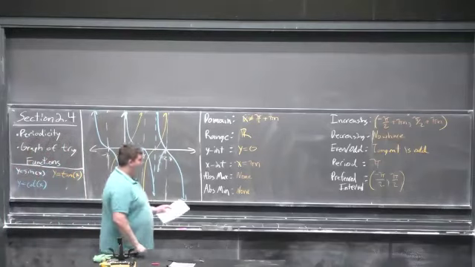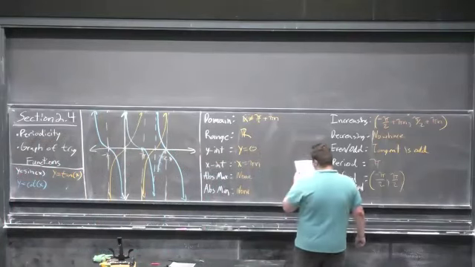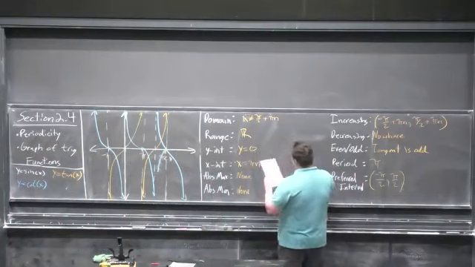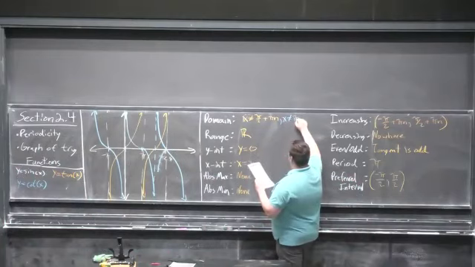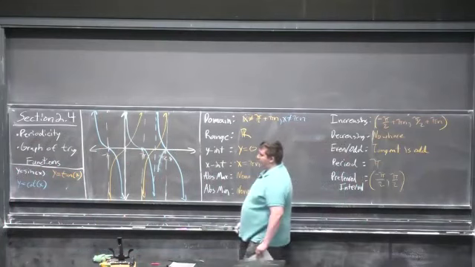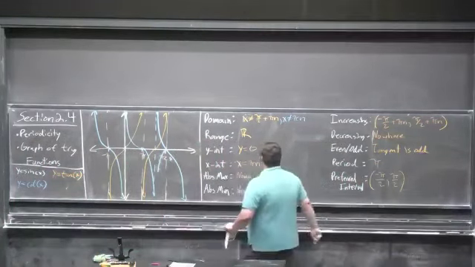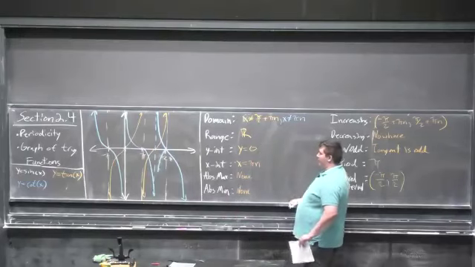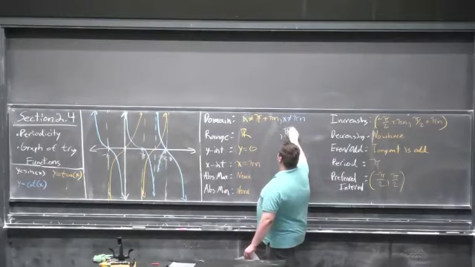Well, what's my domain? My domain for cotangent is when x is not equal to pi n. And I can see that it's basically whenever tangent is equal to 0, that's where I'm not defined, as shown here. My range is again all reals.